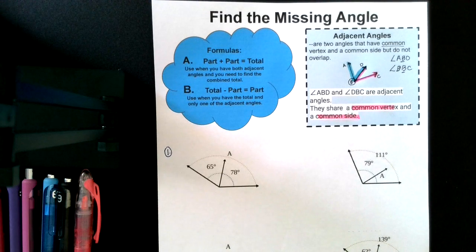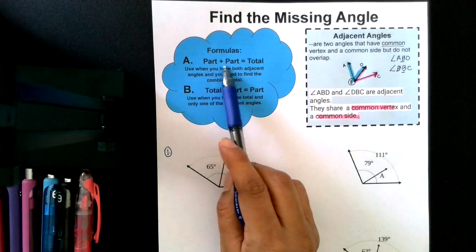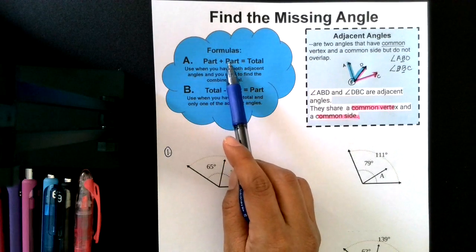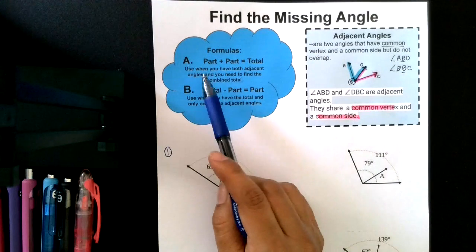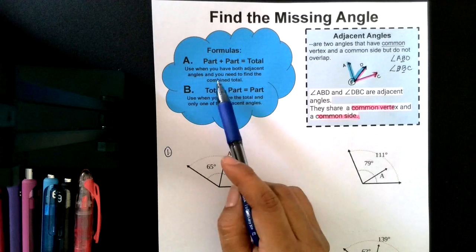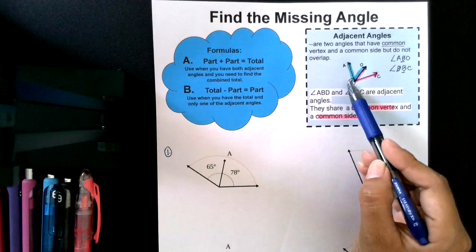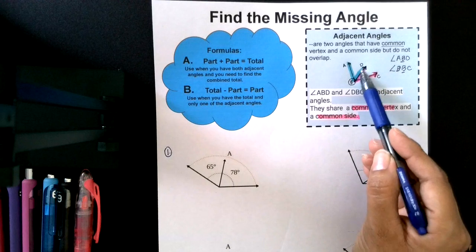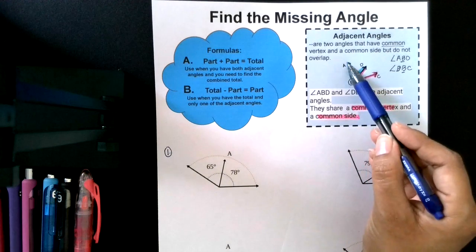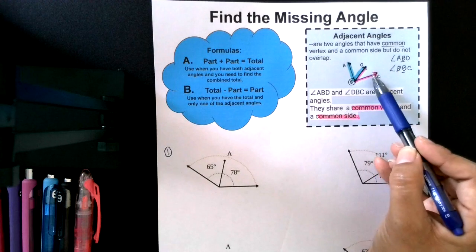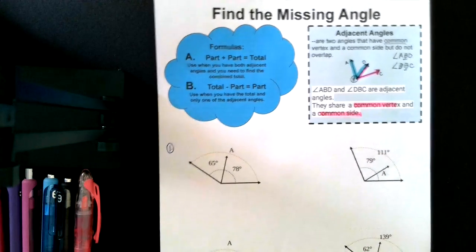And then what do we need to figure out? If the two parts are known, you're going to add part A and part B, and you get a total. It says use when you have both adjacent angles and you need to find the combined total. So if I had the measure for ABD and DBC, and I wanted to find the measure for angle ABC, then I would add both of those.